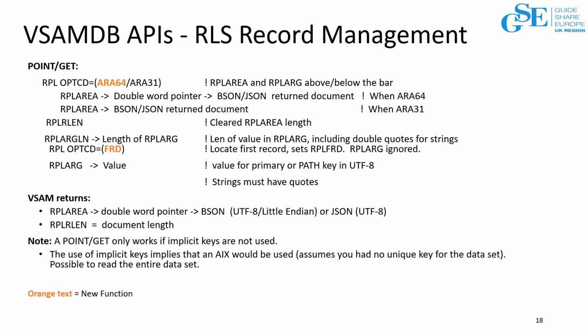Well, so sorry, going back to the implicit key and what Barb was saying: when you define the VSAM DB with no primary key, no key name, we will generate this implicit key for you. We will also return the implicit key back to you on the insert, and then you can use that to do a direct retrieve of the document. That's sort of new, Barb. I don't know if you knew that one.